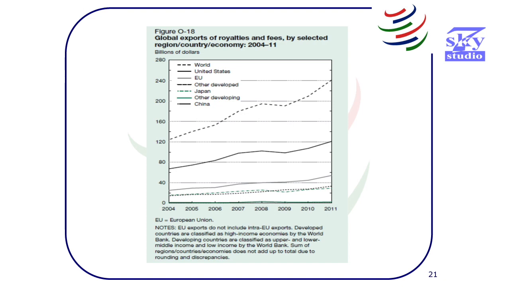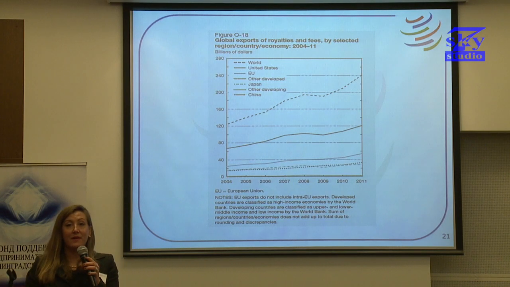Unfortunately, Russia is not really spelled out here. We see that overall in the world, royalties and fees are going up. United States going up slowly, EU going up slowly, Japan, and other developed also going up slowly. So there's a trend for R&D to go up. Unfortunately, we don't have specific figures for Russia.